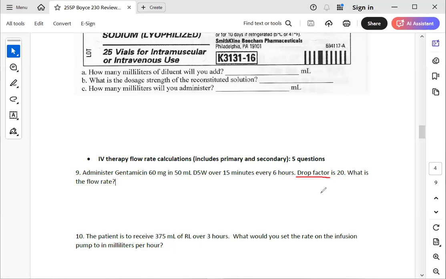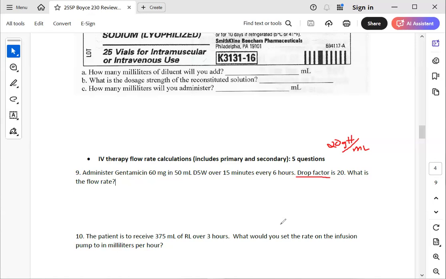not milliliters per hour. Okay. So now, if they tell you drop factor and you see 20, you need to know that that 20 means 20 drops, GTT, per milliliter, which means for every 20 drops of liquid that comes out of that tube, that's equivalent to 1 milliliter.